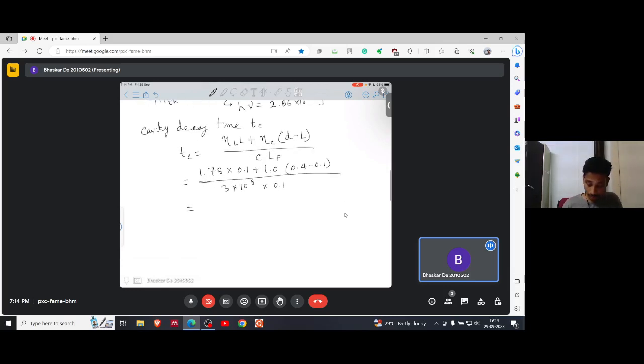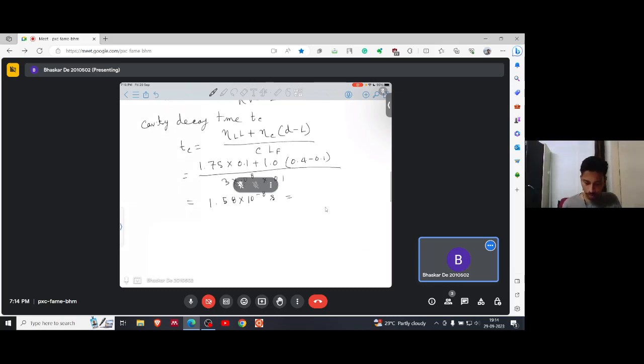After calculating this we have 1.58 into 10 to the power minus 8 second.